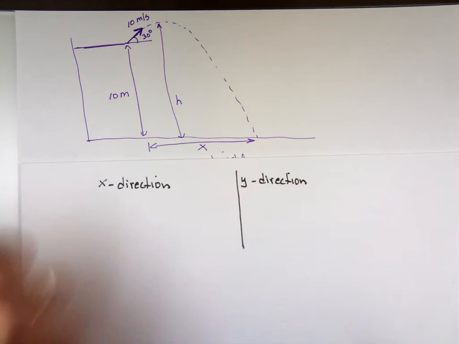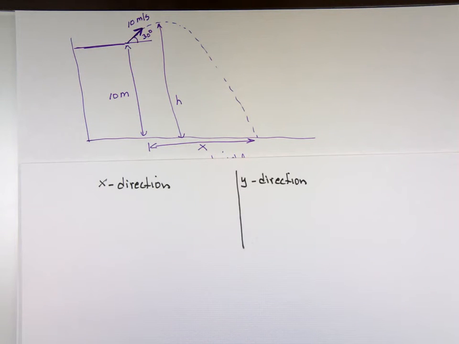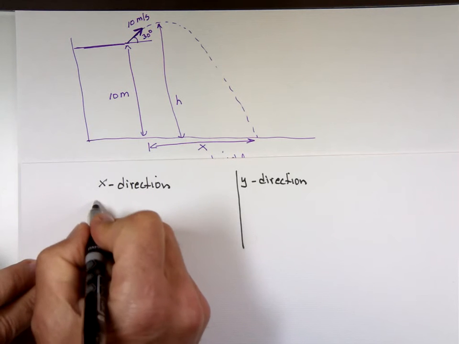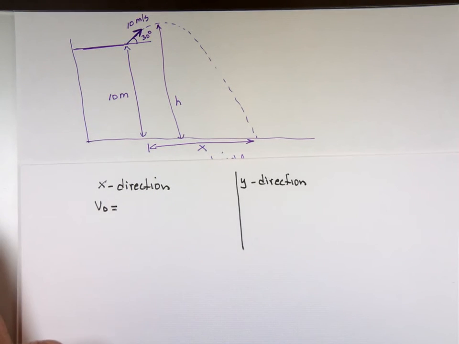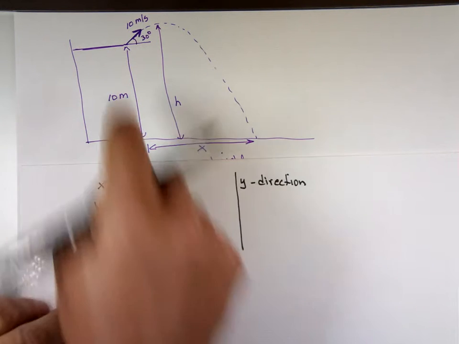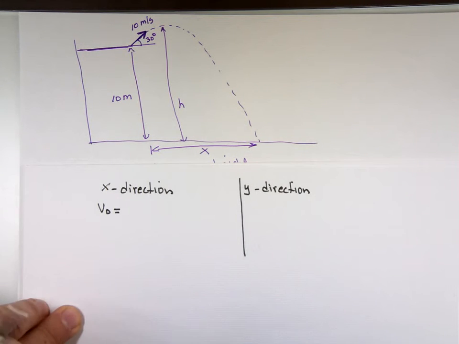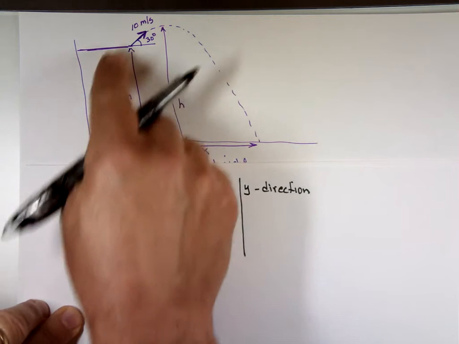What was the initial velocity in the X direction? I'll give you a little hint before you answer. It's not 10. If it was 0, you wouldn't go forward, right? You'd go straight down. The fact you went farther tells me it's not 0.